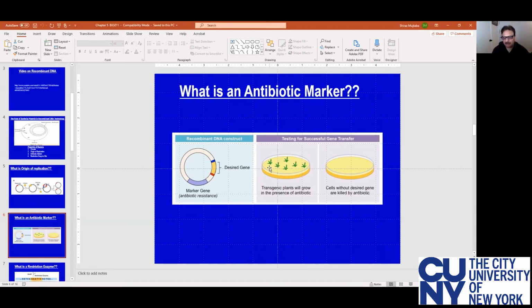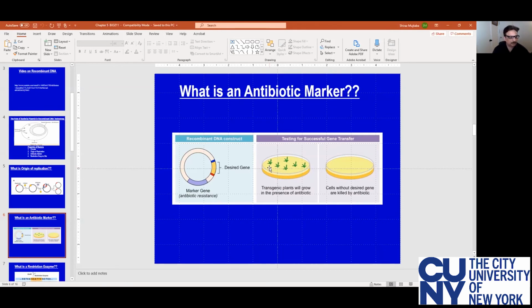If the physician prescribes me amoxicillin, it will not work because I have an antibiotic resistant bacteria, and the resistance gene is present on the plasmid. So the physician has to change the strategy, and it happens a lot. That's why the use of antibiotics is a concern, despite being a very important tool for medication.